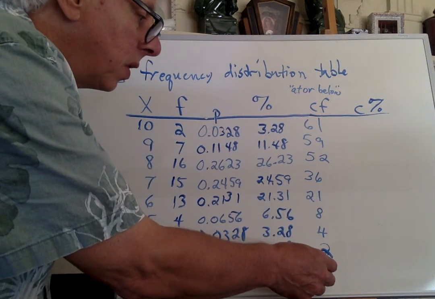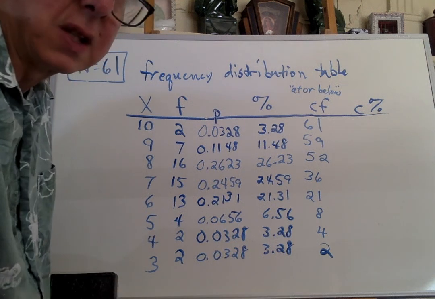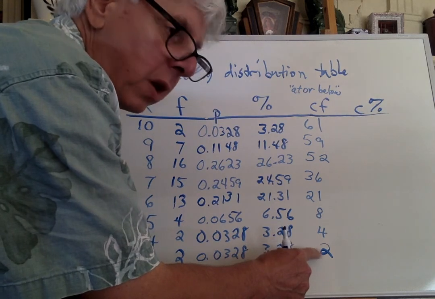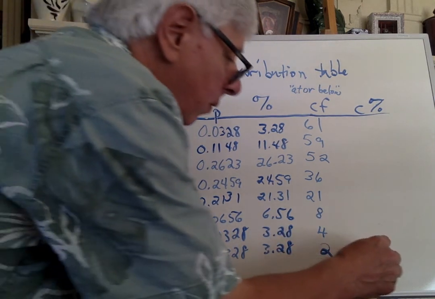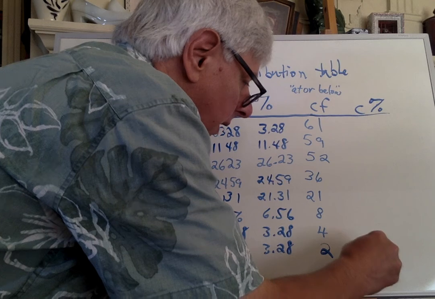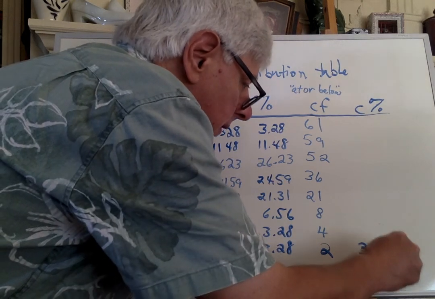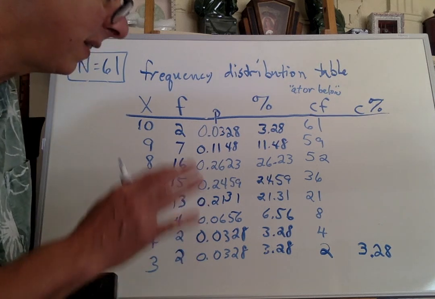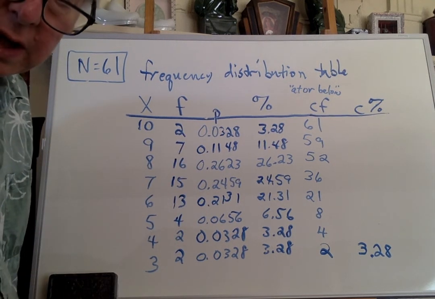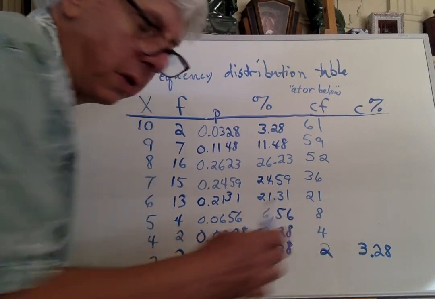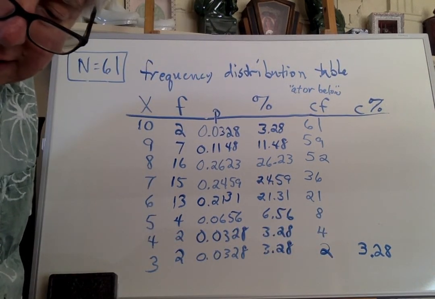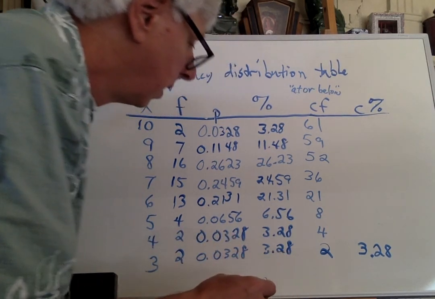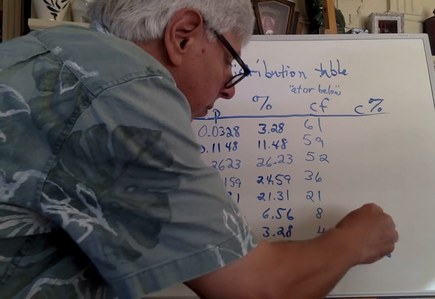So 2 divided by 61, that is, we want to know what percentage of 61 this is. So our lowest number here, of course, is going to be the same as it was here because we're starting from the bottom. Then we have to do a little bit of an adjustment. So now we're going to do 4 divided by 61. Let's see what that is. 4 divided by 61, 6.56, okay, 6.56%.